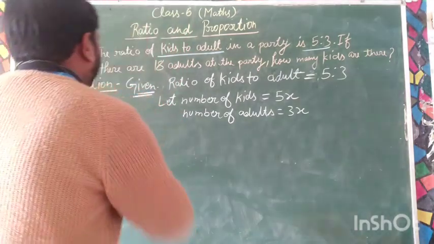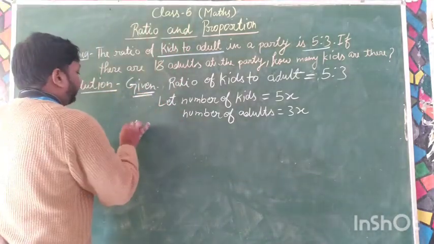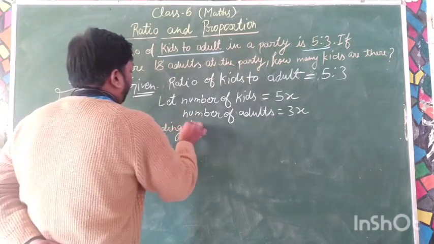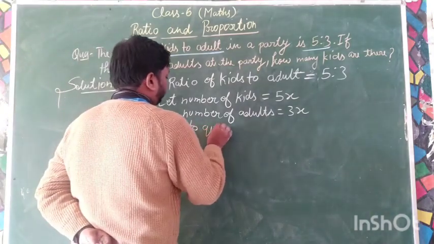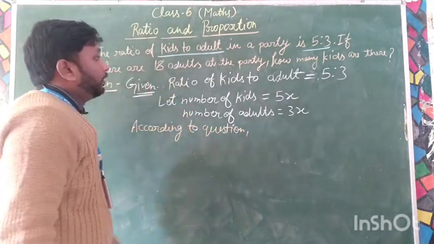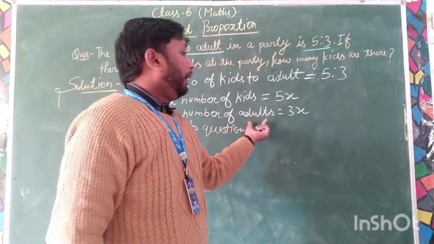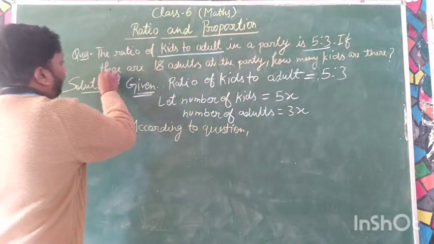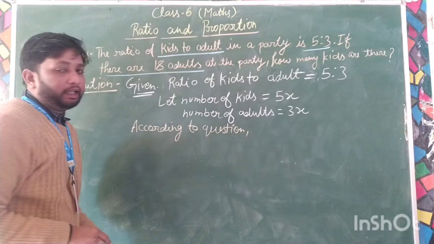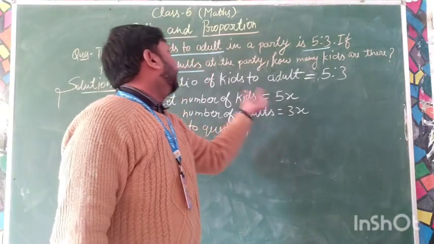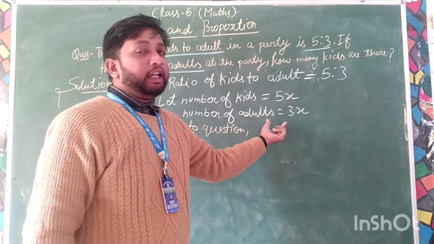So what do we write? We go and write according to the question. We have assumed the number of adults is 3x, but in the question it is given that the number of adults in the party is 18. So we compare both quantities 3x and 18 and we equate them.